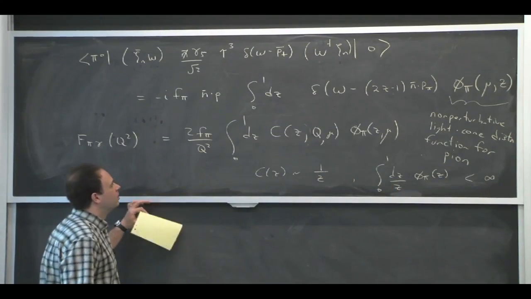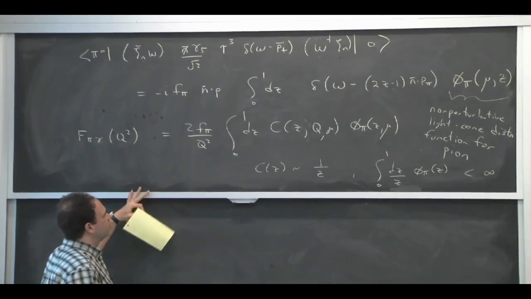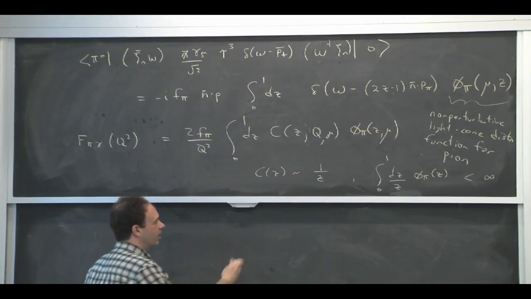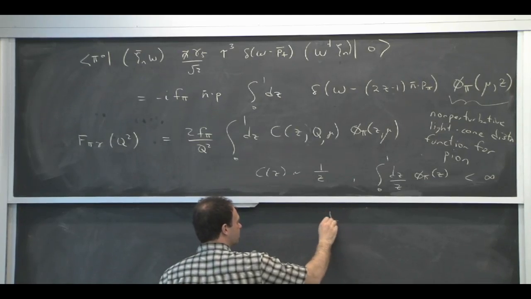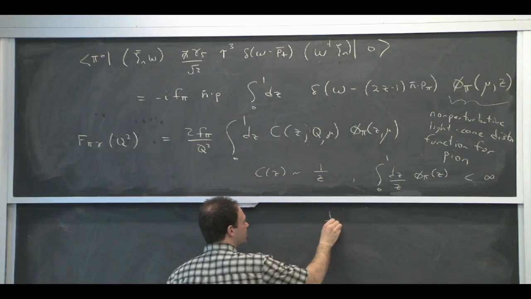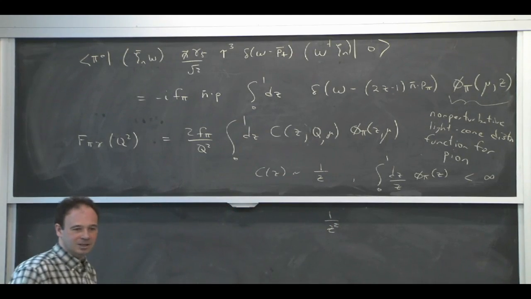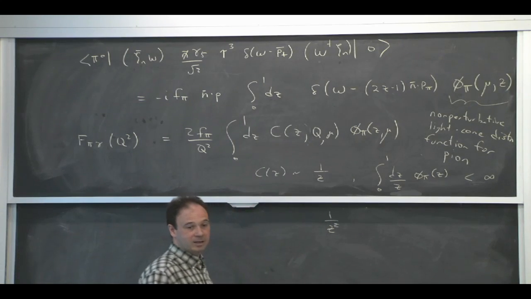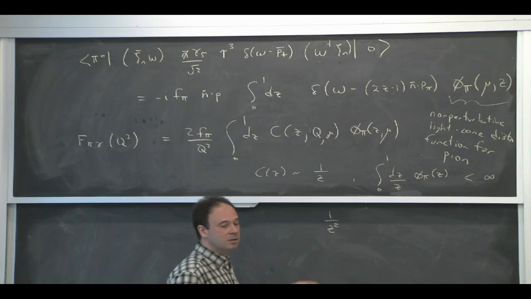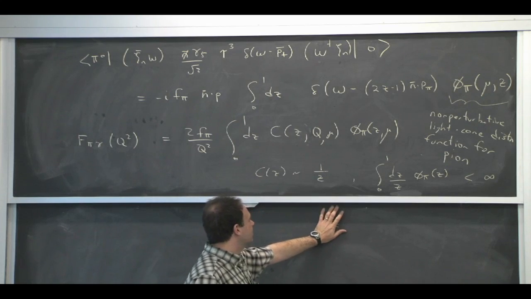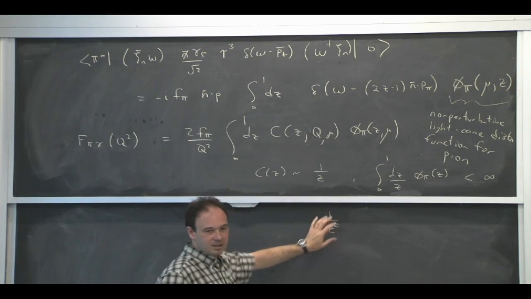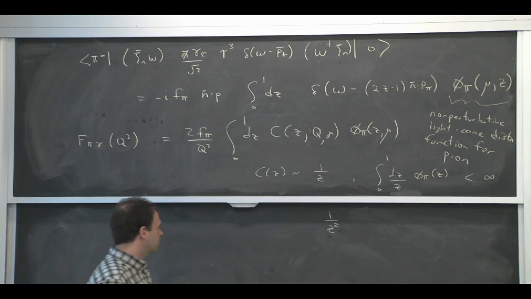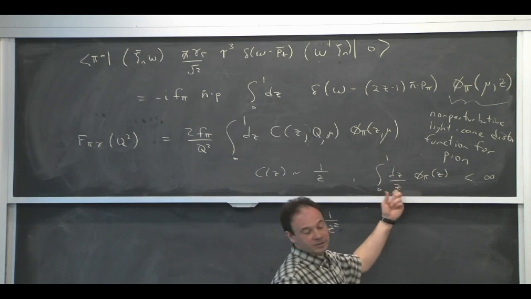There are no problems. But there are examples known in the literature where that's not the case, where you actually get 1 over z squared. People have some understanding of the physics that's happening in those cases, but there's not a complete understanding of how factorization works in those cases. That doesn't happen in this example, but there are other exclusive processes that would lead to 1 over z squared, and then this integral is not well defined.